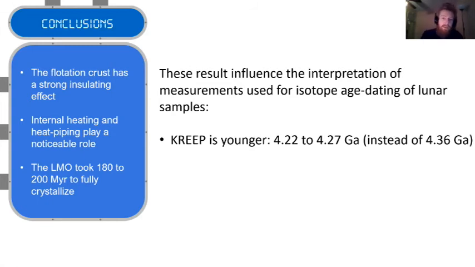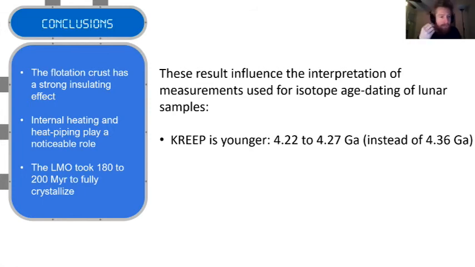What we came up with was a revision of the age of CRIP, which turned out to be significantly younger than the previous estimate. That's because in the previous estimate, the age was derived under the assumption that the magma ocean crystallized almost instantaneously, which was consistent with the estimates from the Elkins-Tanton group of 35 million years or less.